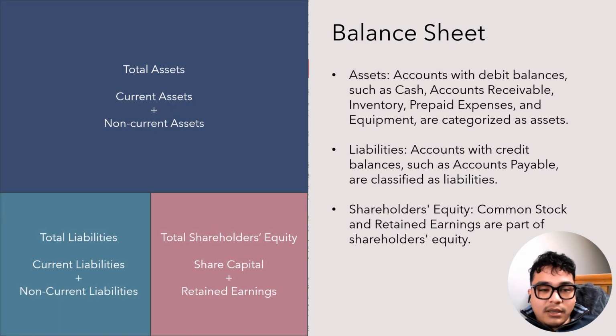So basically, the balance sheet consists of these three things: assets, liabilities, and shareholders' equity. Assets are accounts with debit balances such as cash, accounts receivable, inventory, prepaid expenses, equipment. Liabilities are accounts with credit balances such as accounts payable. And finally, shareholders' equity is common stock and retained earnings as part of shareholders' equity.